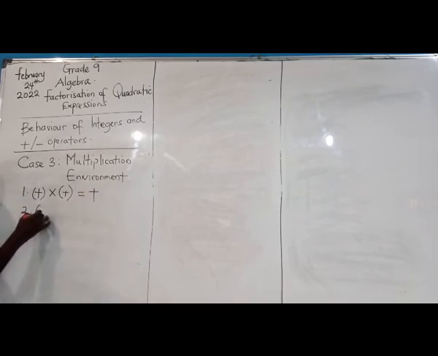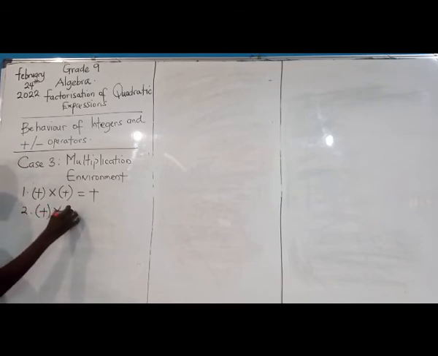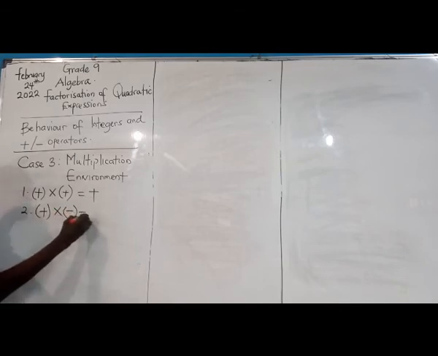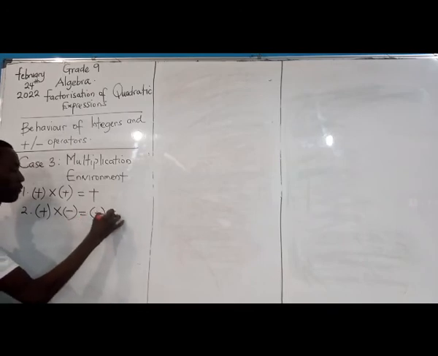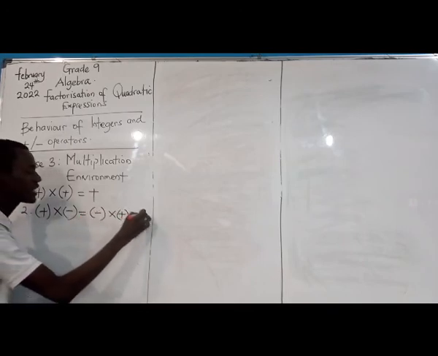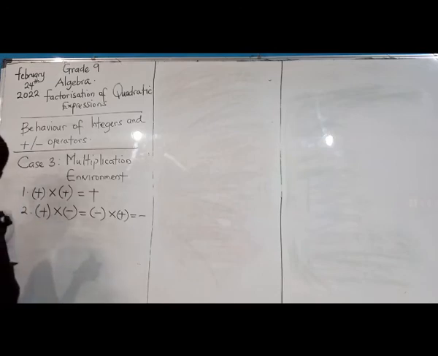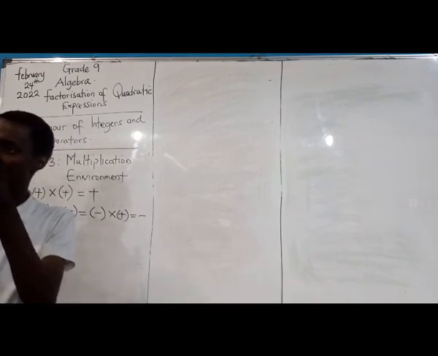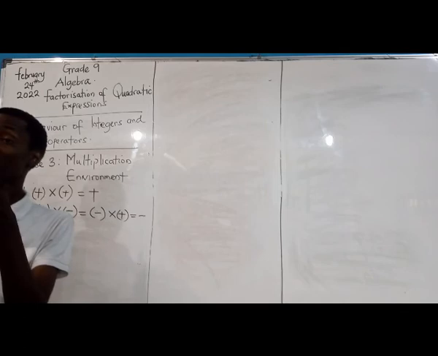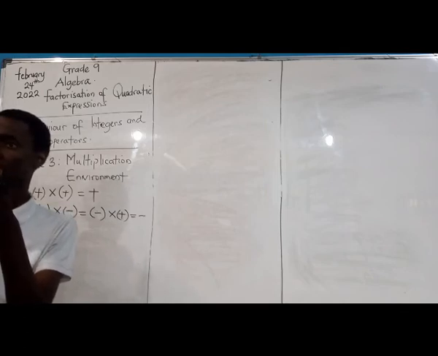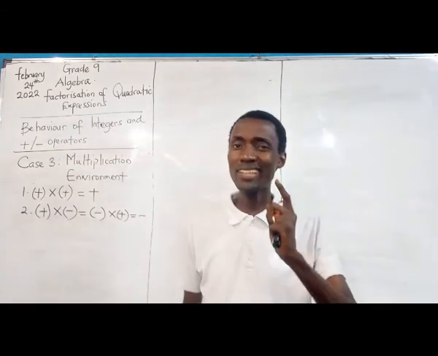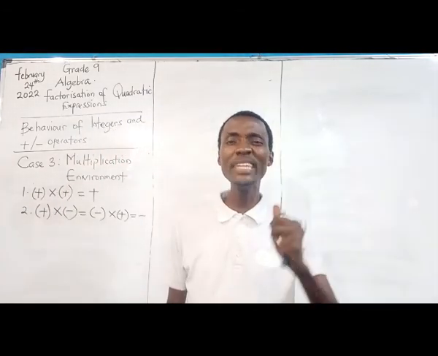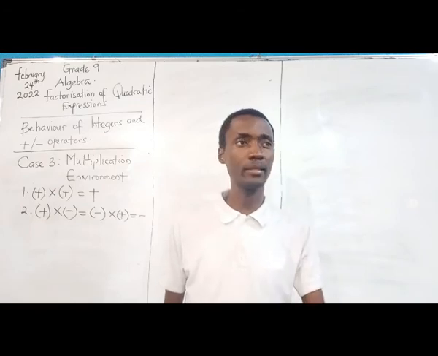Here, if I have a positive and I multiply it by a negative, it is the same thing as multiplying a negative by a positive, and that will give me a negative. The truth here is this: negative is so powerful that when it meets positive, it's able to beat it up mercilessly.